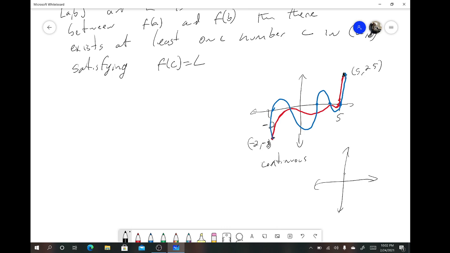Another example would be if somebody told you that you have this interval, so you have a being on the negative side, b being on the positive side, and then you are told that the function is continuous, and you're given a value here. Let's say b is up here, right? And you're given this point c in here, and you're asked to find whether c is a solution to this function.